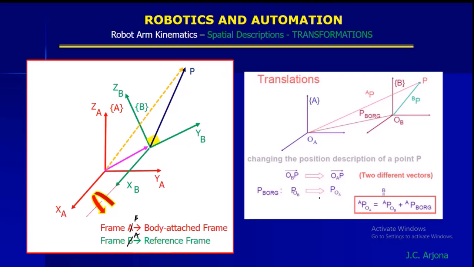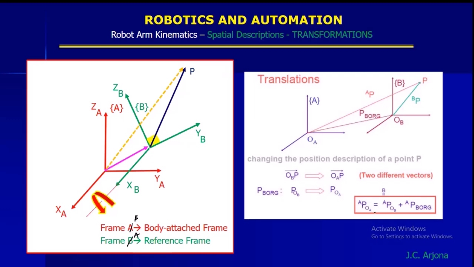So look carefully. The origin B to P is the same vector towards the origin A, the position. Okay. So based on the triangle, we are able to determine the final position.